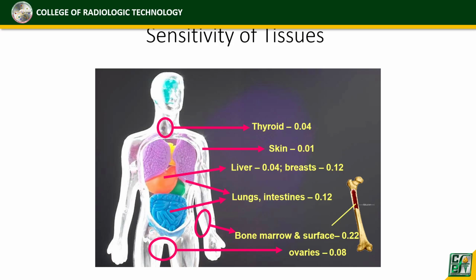Ano po ba ang tissue weighing factor ng thyroid po? Isa lang ang tissue weighing factor ng thyroid. Teka, wait nga. Ano bang tissue weighing factor sa book? Thyroid. Ayun. Round off yung nasa book.